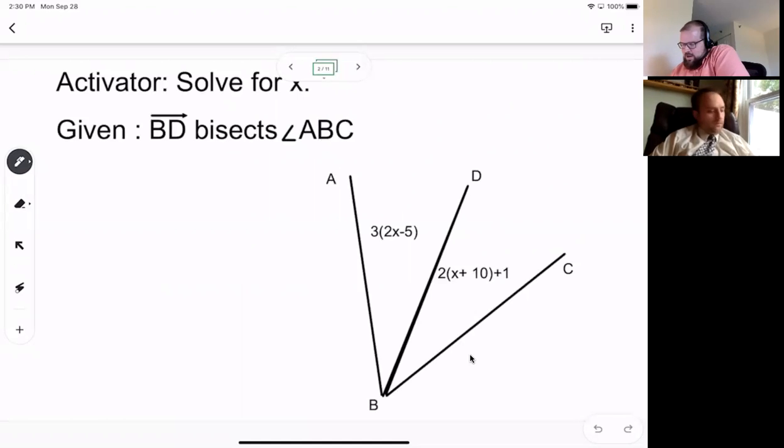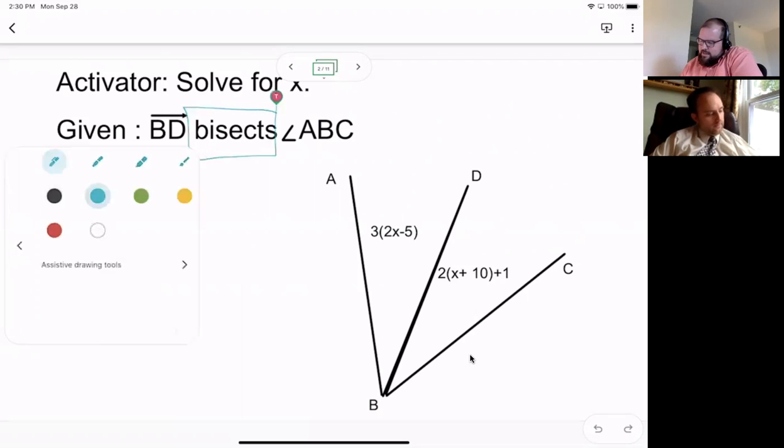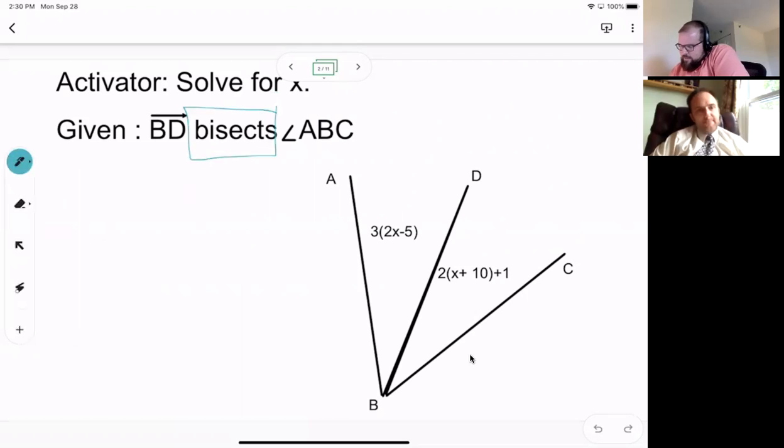All right, so we're going to start by solving for a variable, and we're given the information that ray BD bisects angle ABC. As soon as I see that, I'm going to draw something on this picture because I know that bisecting, because of the Greek, means two pieces and cutting it.